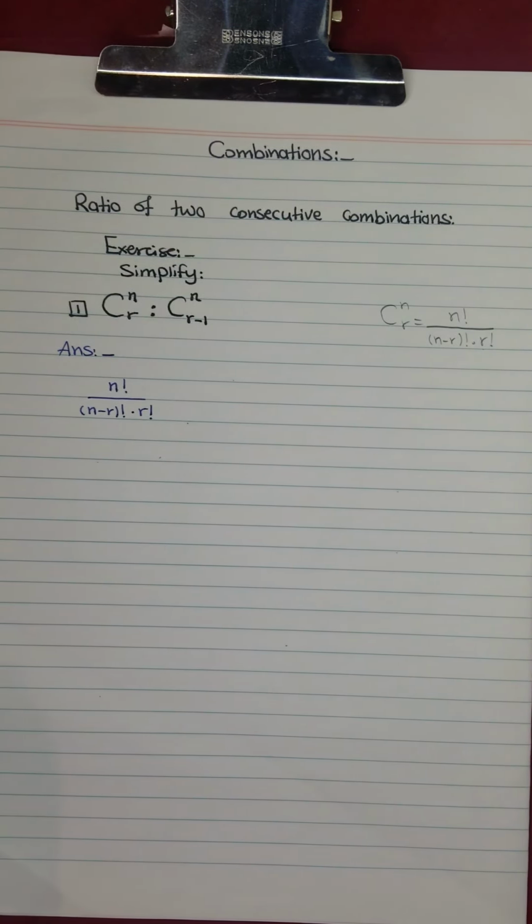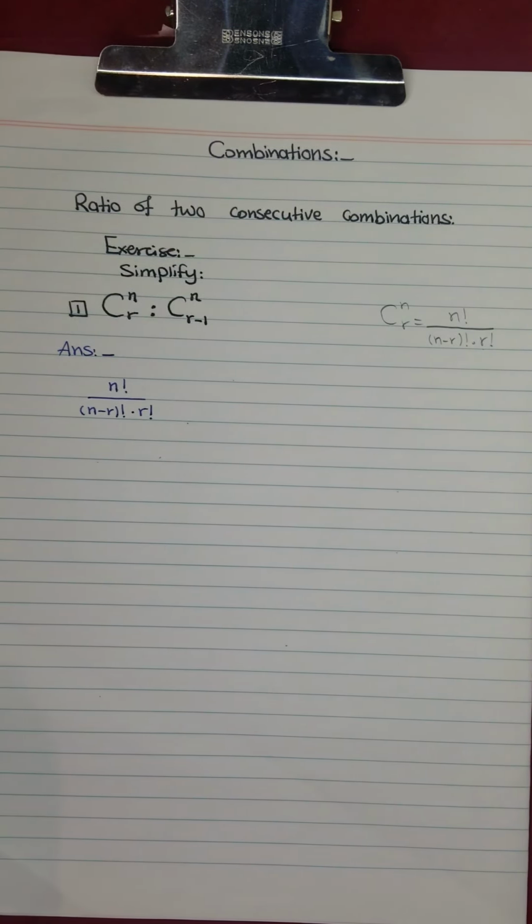The ratio sign is actually a division sign. We've discussed this before also in the previous class of permutation. The ratio sign is actually a division sign. Now here, it's the same formula, but notice that r is not the same as the formula. The formula says r. Here we have r minus 1. How do we deal with that?